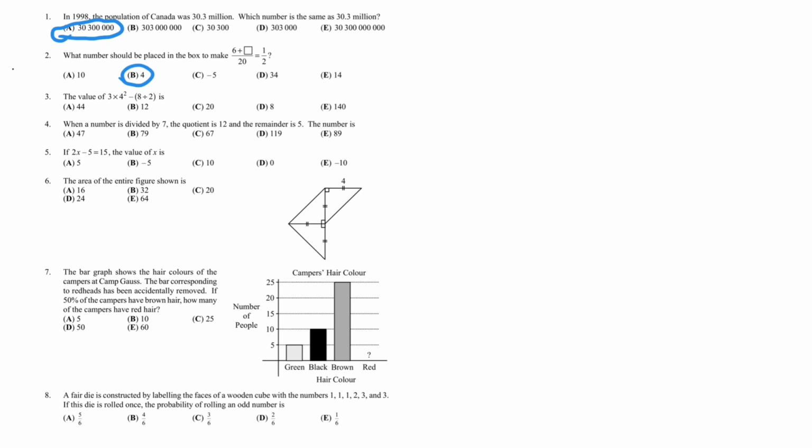Number 3, the value of 3 times 4 squared minus 8 divided by 2 is... 3 times 4 squared minus 8 divided by 2. For that math, we do the bracket first.